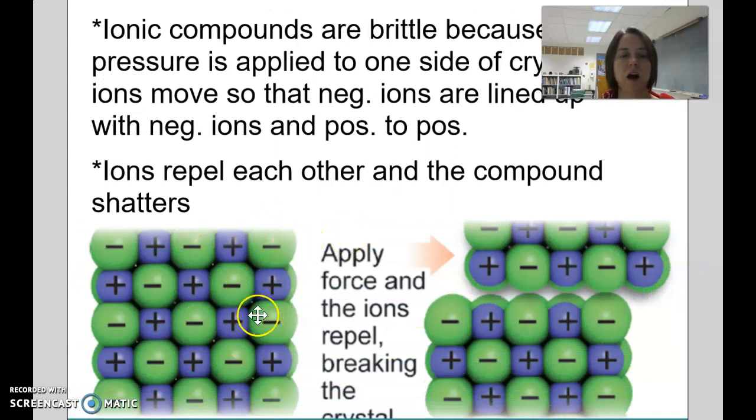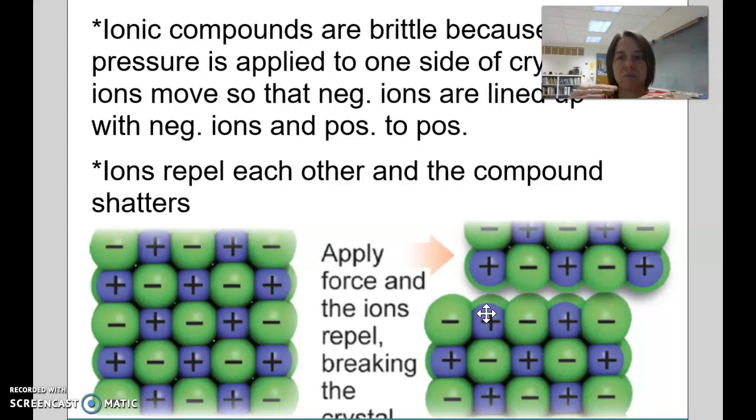Here is an ionic compound where the positives and the negatives are sitting next to each other. Then if you apply a force, like maybe you have a hammer and you hit this towards the right, you see that it shifted over, and now the negatives and negatives and the positives and positives are next to each other, and they do not like that. They are repelling, and that crystal just shatters.